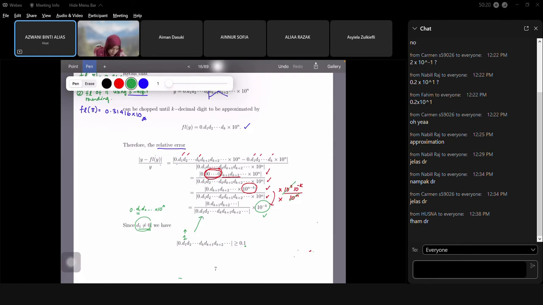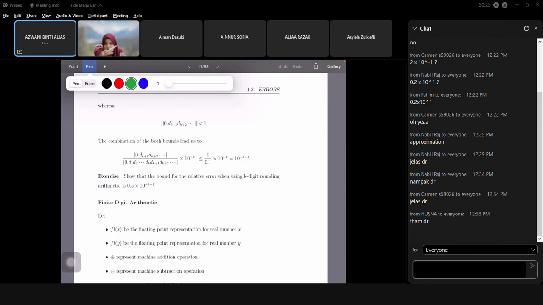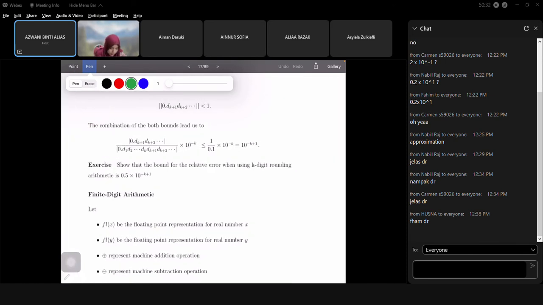And 0.dk1, dk2 and so on is less than 1 is for the numerator ke atas tu. The combination for both bounds leads us to, so dia masukkan nilai 1 bahagi 0.1 multiply by 10 to the power of k, you akan dapat this is the bound untuk chopping. Okay. Untuk chopping. Alright. Okay. Ada exercise kat sini.